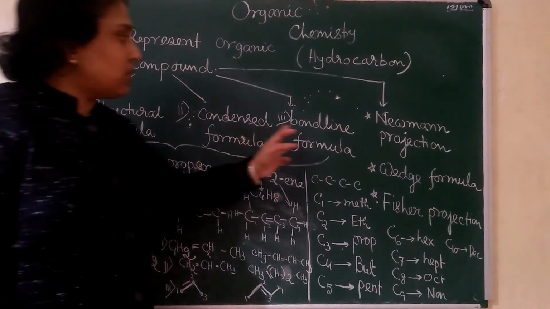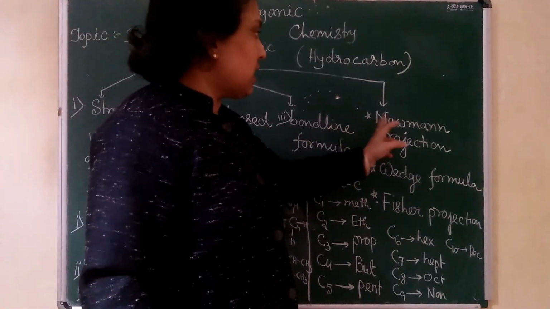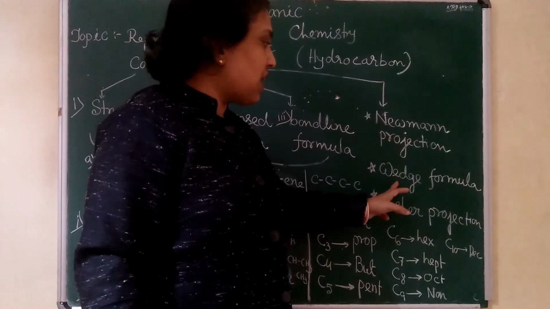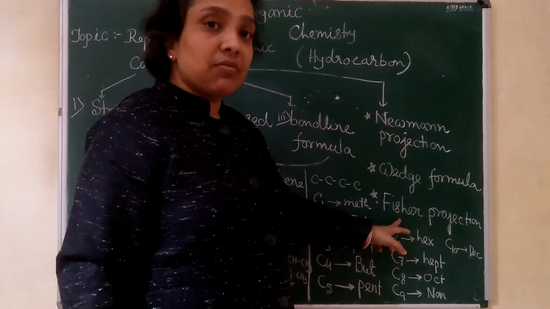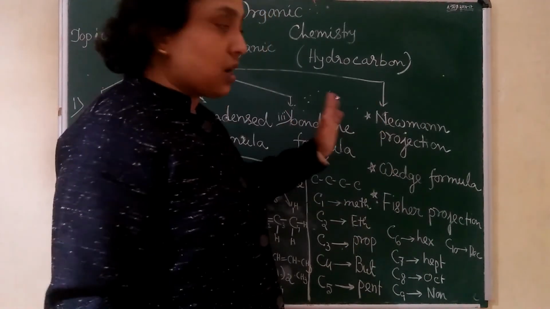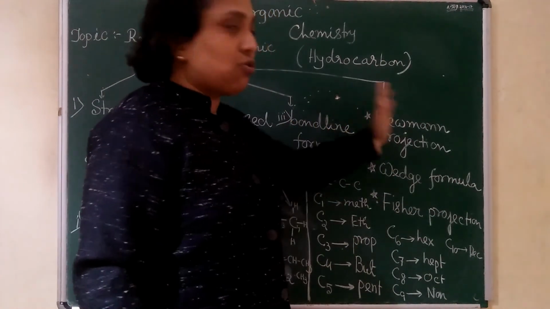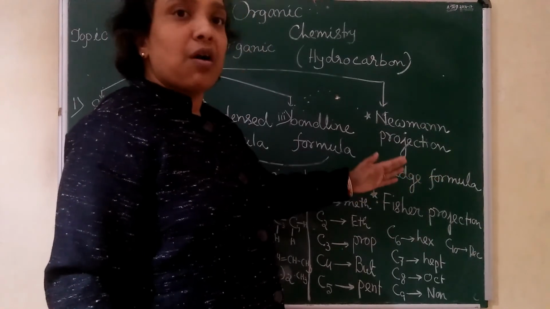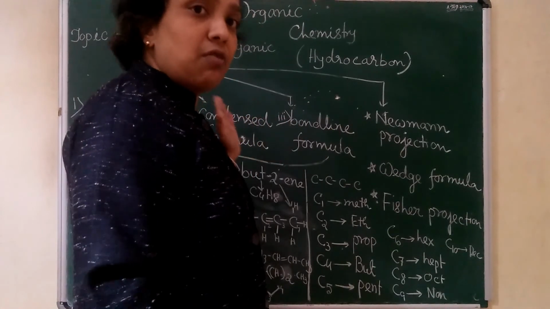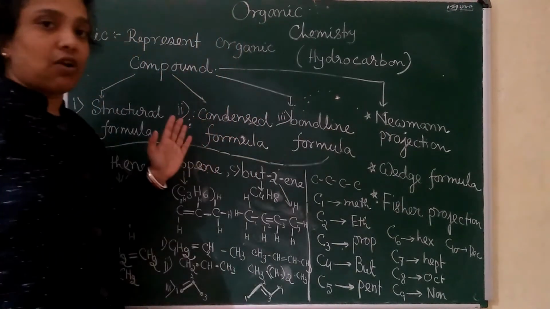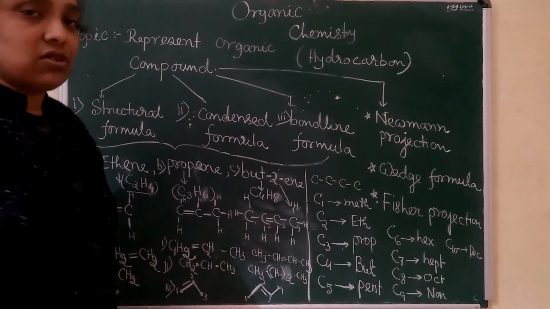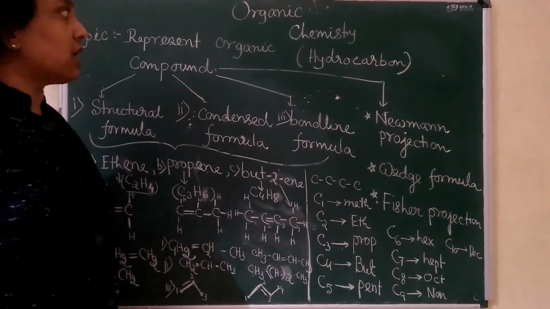In the next video I will do the 3D structures: Newman projection, Wedge formula, and Fischer projection formula. These are also important. If I gave you both types of formula on one day, you would be confused. That is the reason today we discussed the 2D formulas. In the next video I will give you the 3D way to represent organic compounds.